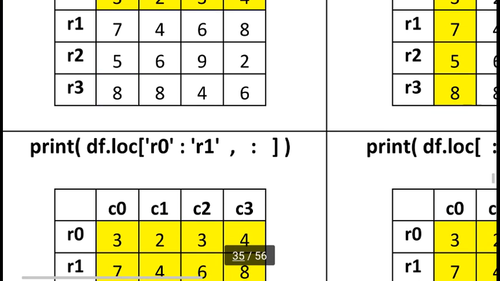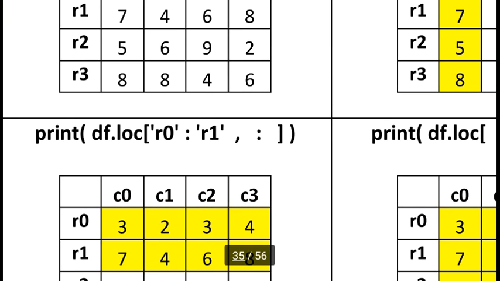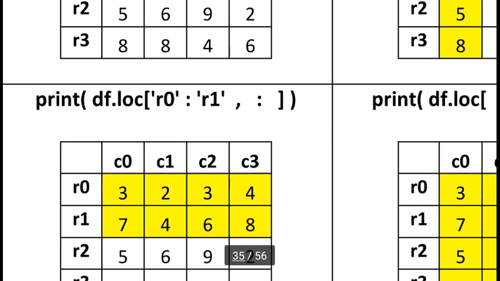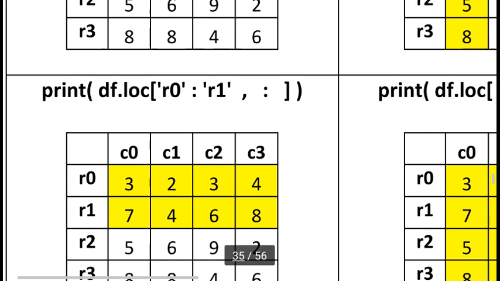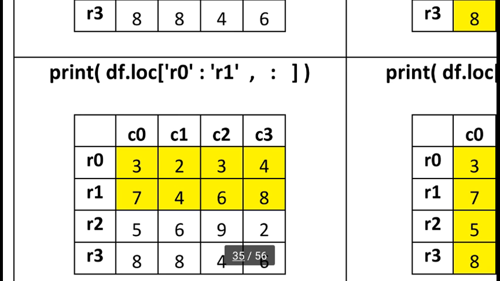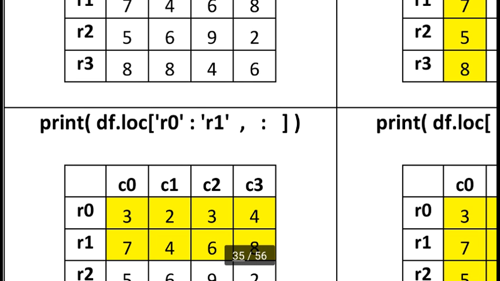Here R0 colon R1. You can see we start from R0 and stop at R1, so in loc R1 is included. So you can see 3 2 3 4 and 7 4 6 8. R0 colon R1, comma, only colon means all the columns of R0 to R1.